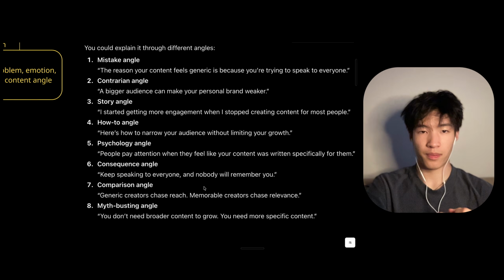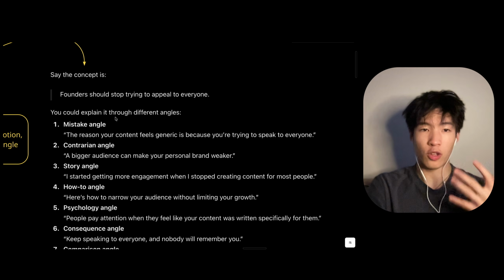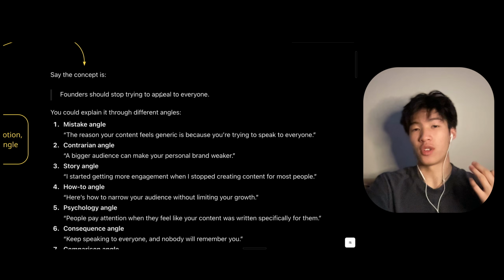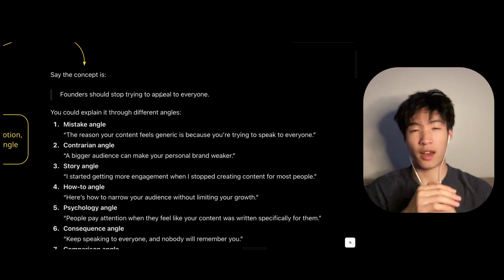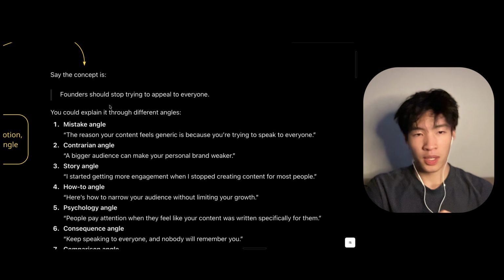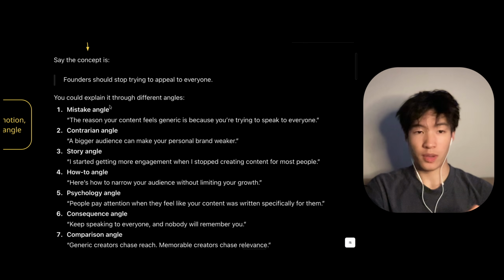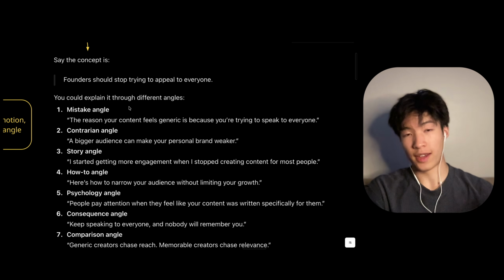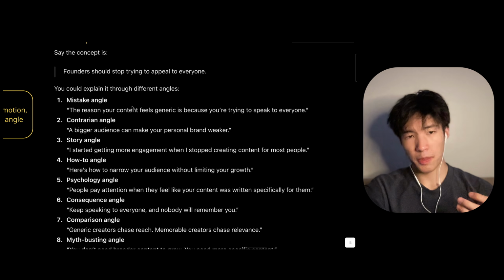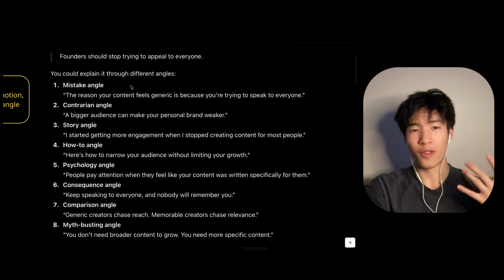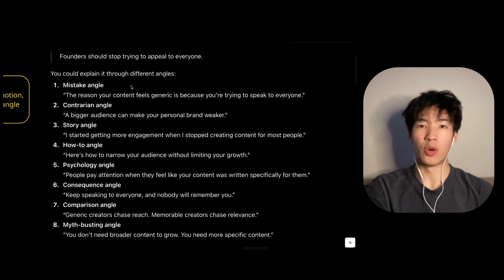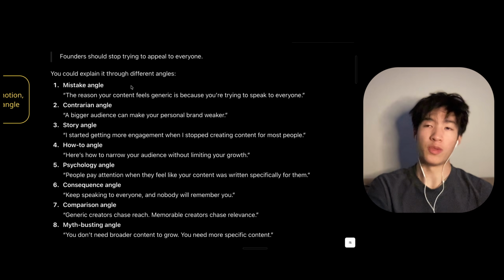For example, let's say the concept is founders should stop trying to appeal to everyone. That's quite a good topic, quite a broad topic, with a high TAM percentage, and also a high evergreen percentage, because there are going to be new founders every year. But you can see how these different angles make it more nuanced and more unique, right?